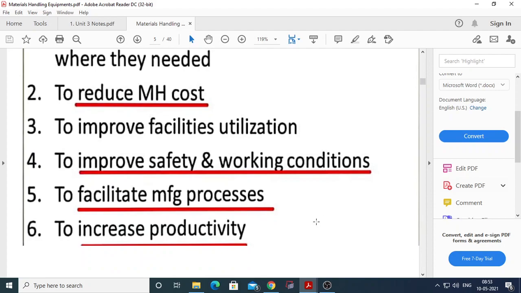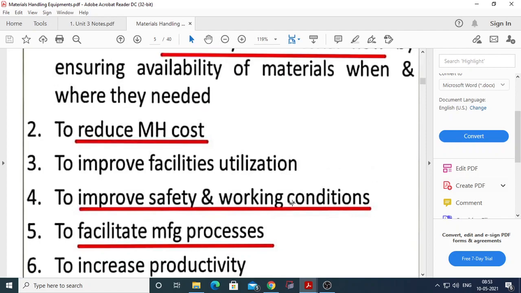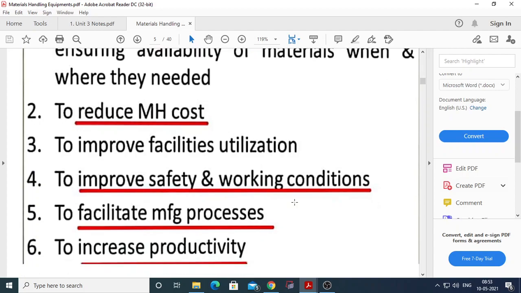If you follow that objective, then you can easily improve the productivity of the material handling system. If you do not follow it, you can't improve the productivity. Also, our aim is to reduce the material handling cost.